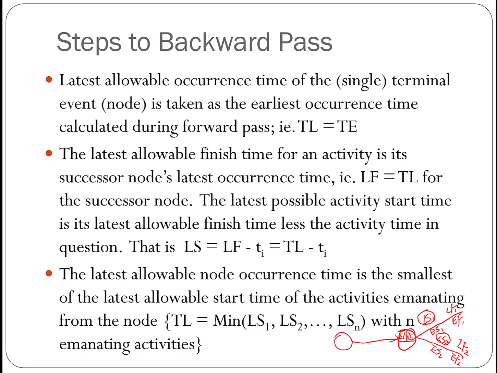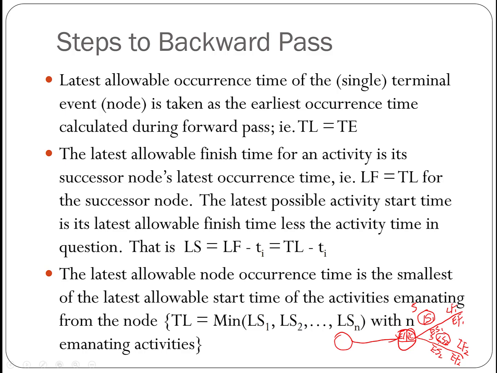If you think about it, the reason is that if the latest start time, say this one is 5, and the latest start time for this one is 3, then we have to take this 3 instead of 5. Otherwise, this activity here will be delayed because the latest date for it to start is day 3. So we have to take the smaller value instead of the bigger value.